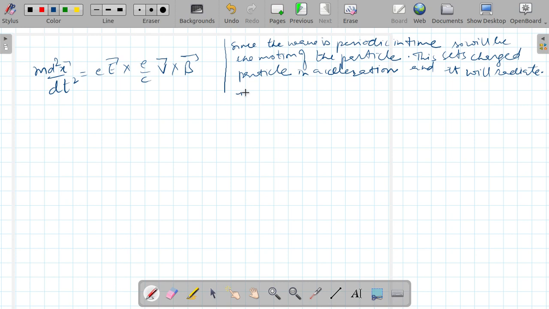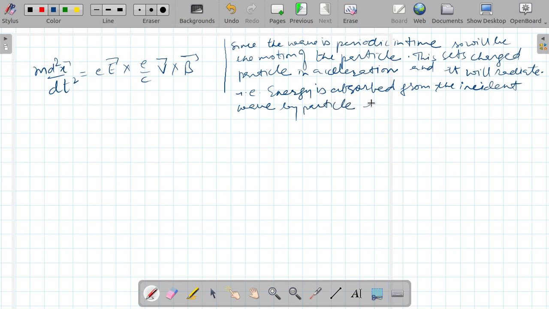That is, energy is absorbed from the incident wave by the particle and then re-emitted into space.